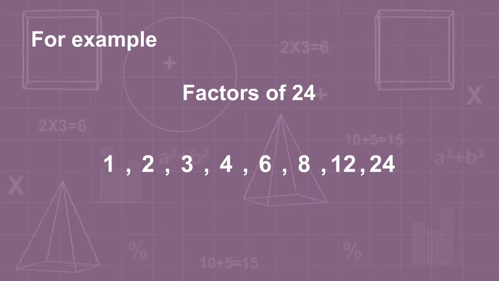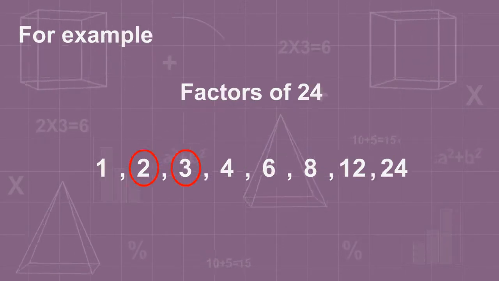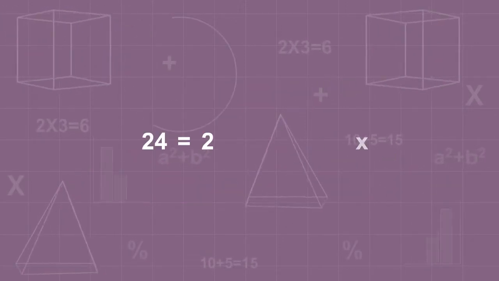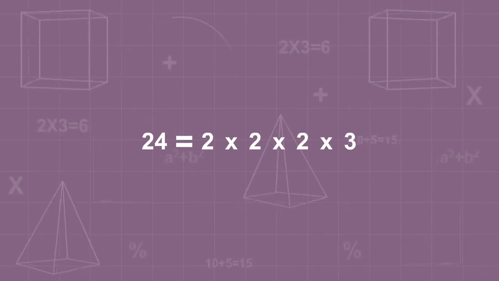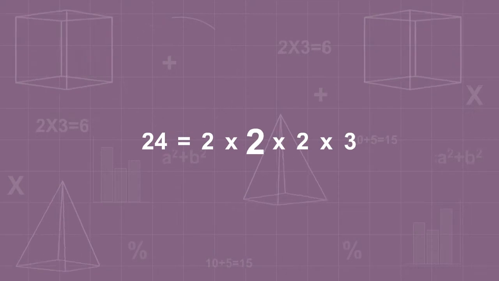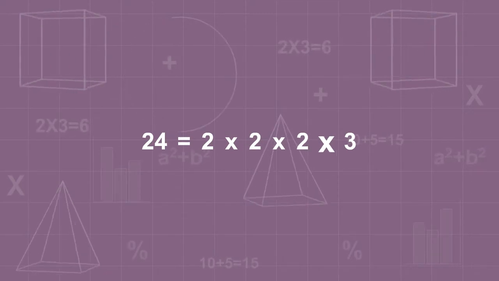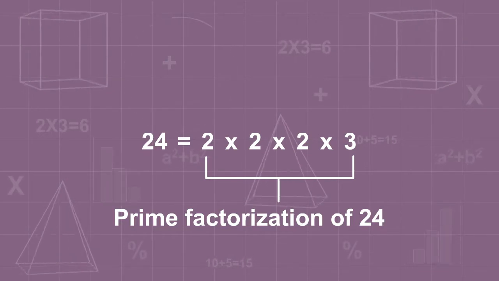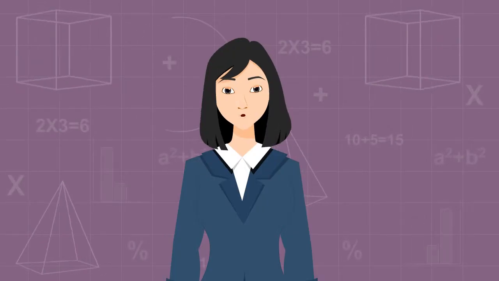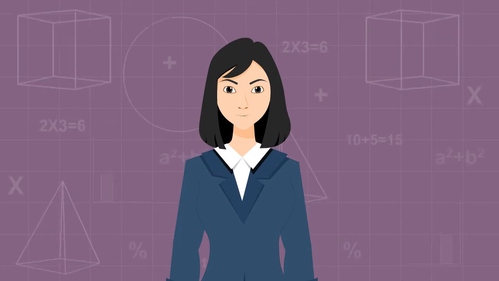Here the prime numbers are 2 and 3. Now let's try to represent the number 24 as the product of 2 and 3. 24 is equal to 2 into 2 into 2 into 3. This will be the prime factorization of 24. Hoping that now you can do the prime factorization.